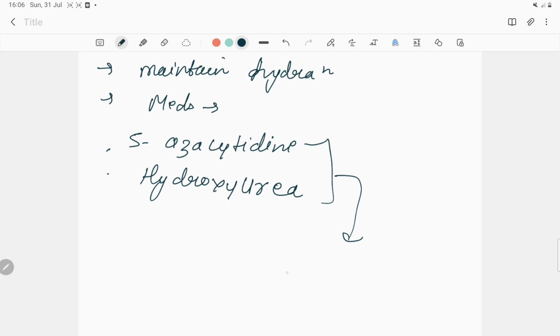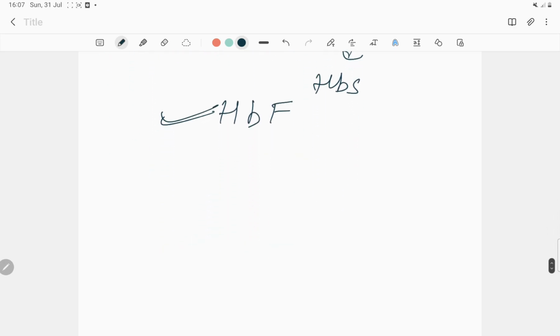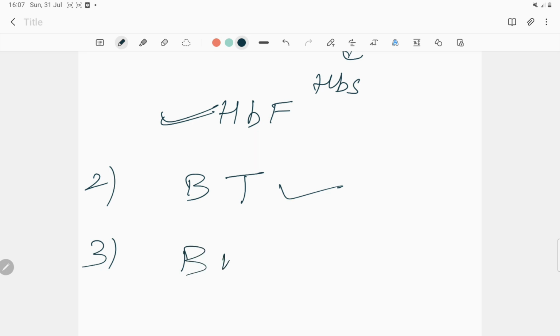They help to decrease the polymerization of deoxygenated HbS, and they will help in the formation of more HbF. So this is their mechanism of action. The second is blood transfusion, which is also helpful. Third is bone marrow transplantation. So these three things will help in some cases.